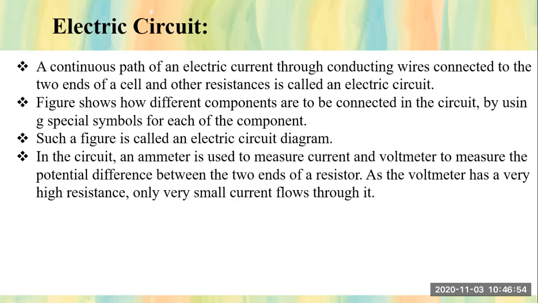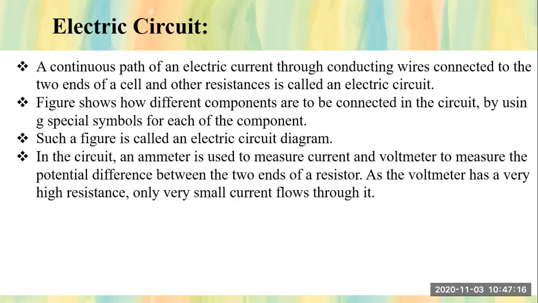Now see, the figure is on the next slide. I'll explain that also. It shows how different components are to be connected in the circuit by using special symbols for each component. We know how the cell looks like. We know how the ammeter looks like. We know how our wires look like.